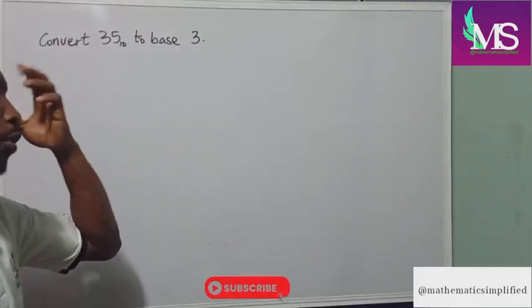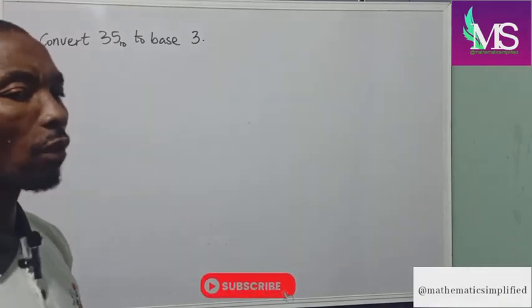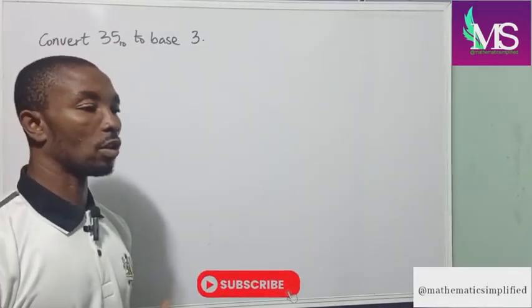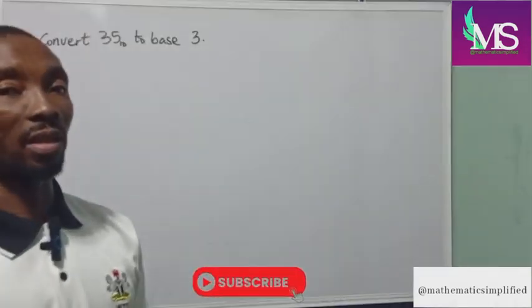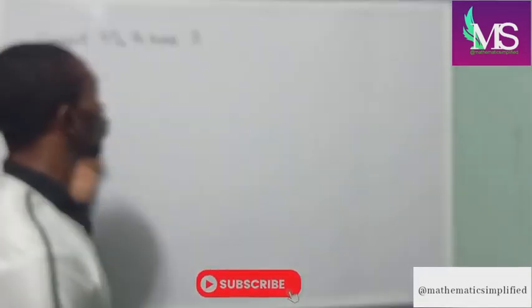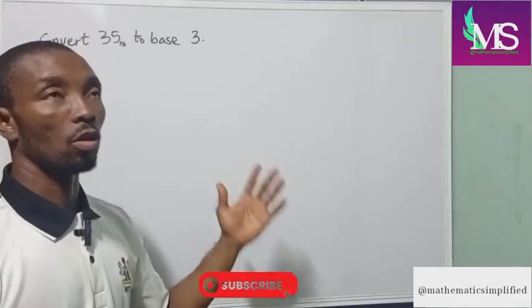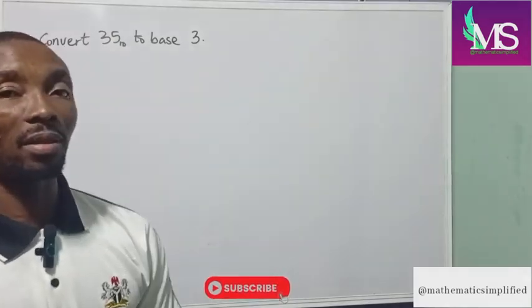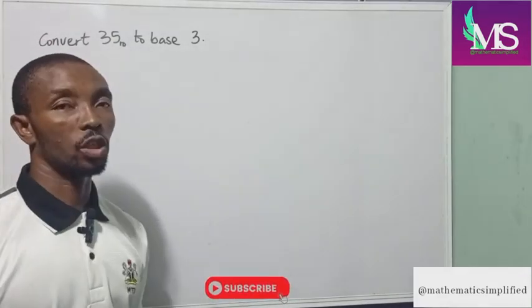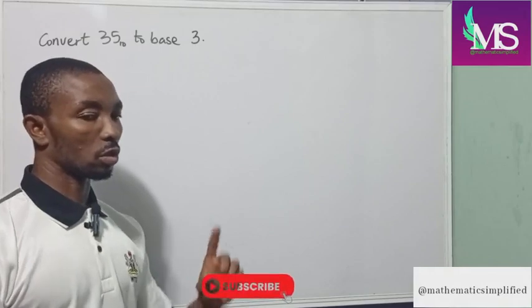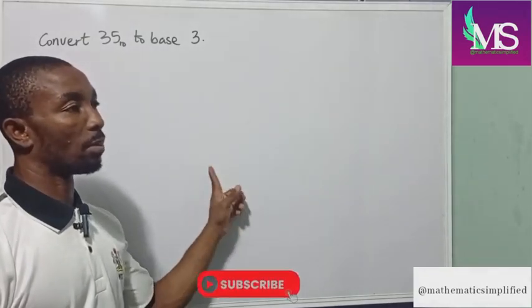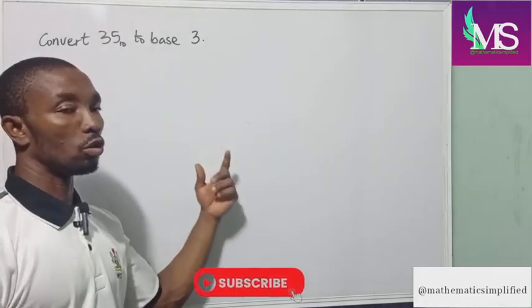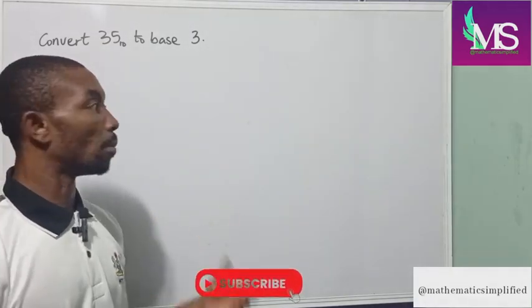That means when you're converting any number from any other base to base 10, you use your expansion method. But when you're converting from base 10 to any other base, you use your division method.